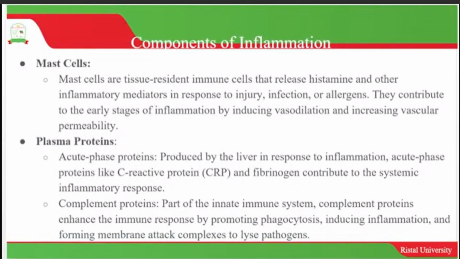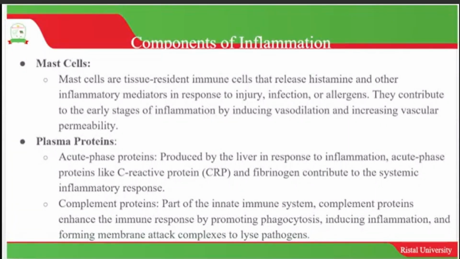So, we also have mast cells. Mast cells are tissue-resident immune cells that release histamine and other inflammatory mediators in response specifically to injury, infections, or allergens, and they contribute to the early stages of inflammation.